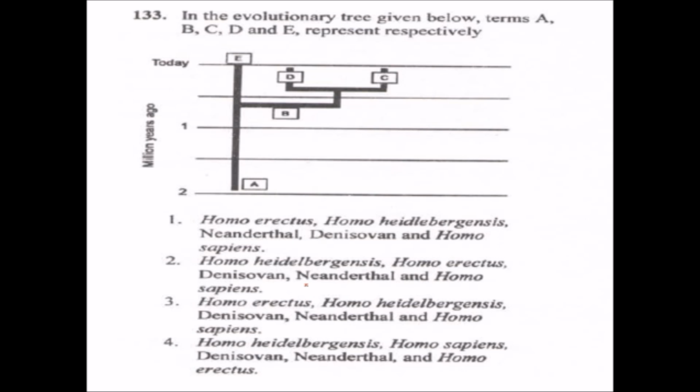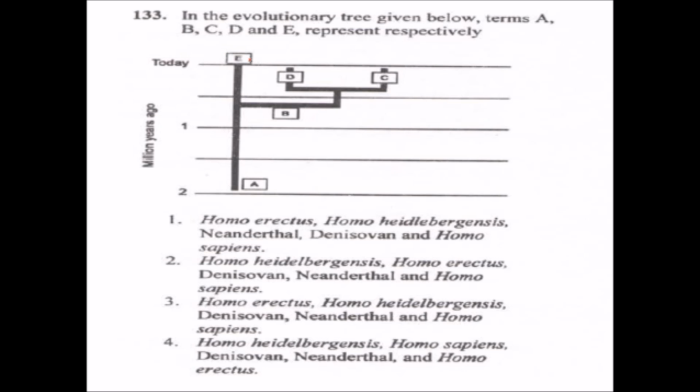Next question is again from the evolutionary tree given below. The terms A, B, C, D, E represent respectively. Here it goes from the lowest to the highest. Today, without any dot, we are today's evolution, and it is from the mammals. So we are today's evolution, and it will definitely be Homo sapiens sapiens.